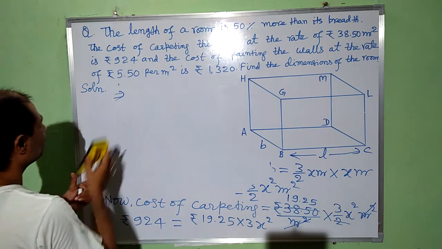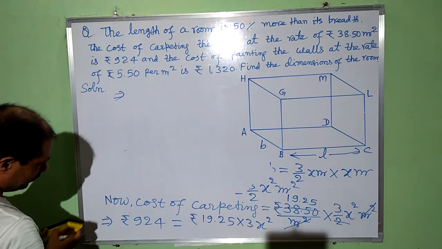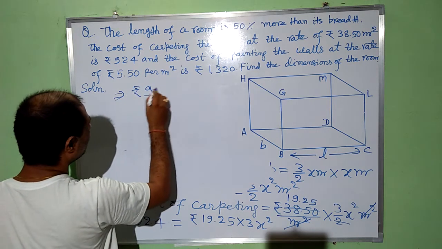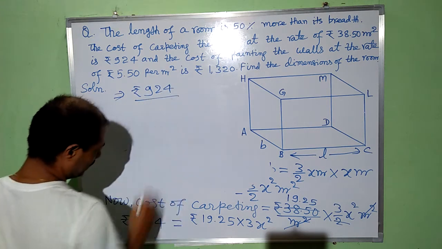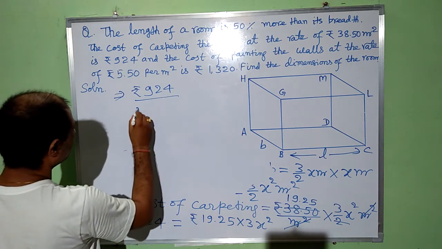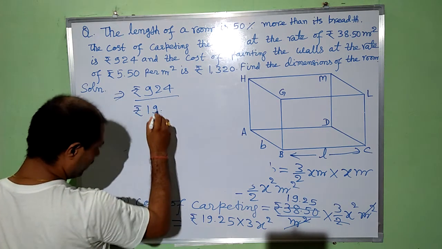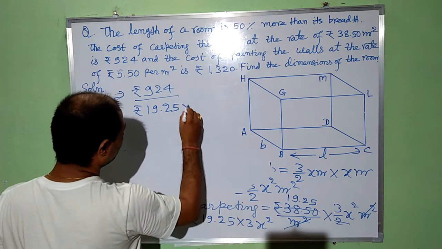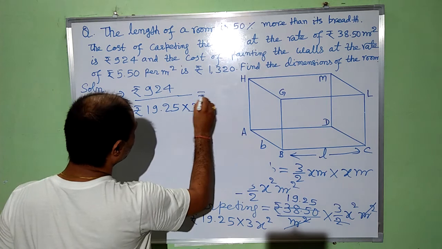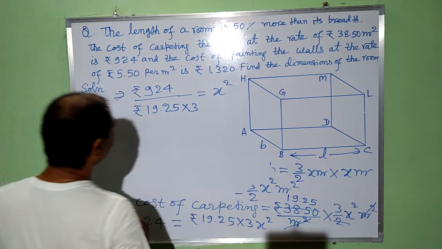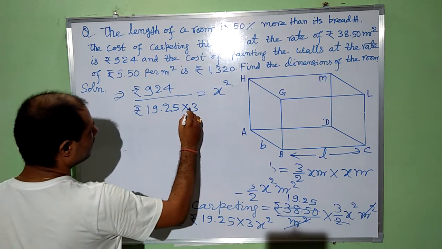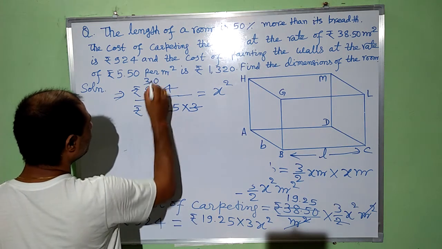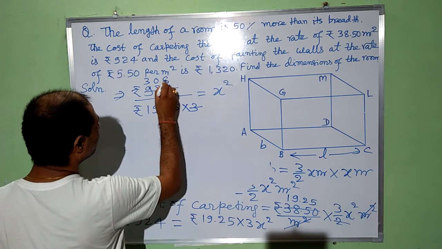Implies that rupees 924 by rupees 19.25 into 3. This is x square. We can cancel it like this. 3 is 9, 2 0, 24 3, 8 is.